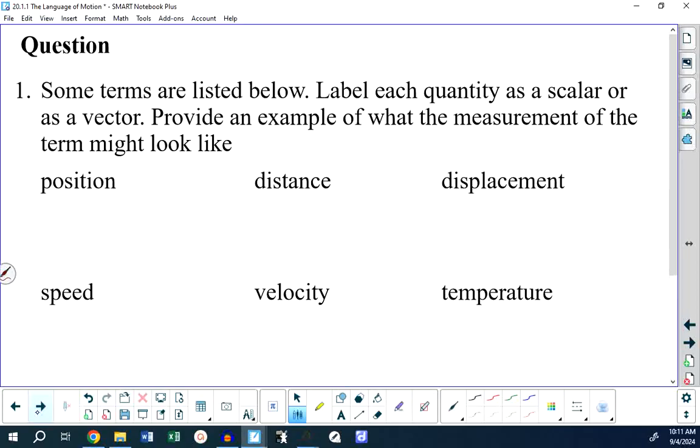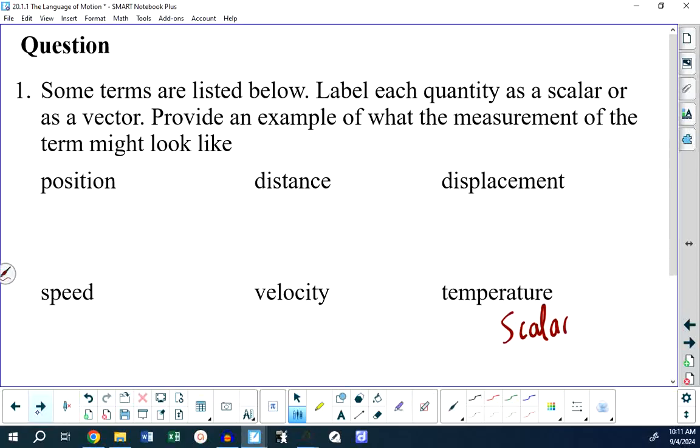Well, I think we've already established that something like temperature is a scalar. By the way, this is a mistake that's in your Science 10 textbook from time to time. They seem to imply really strongly that if something can be negative, it's a vector. No. Temperature can be negative. That doesn't make it a vector.